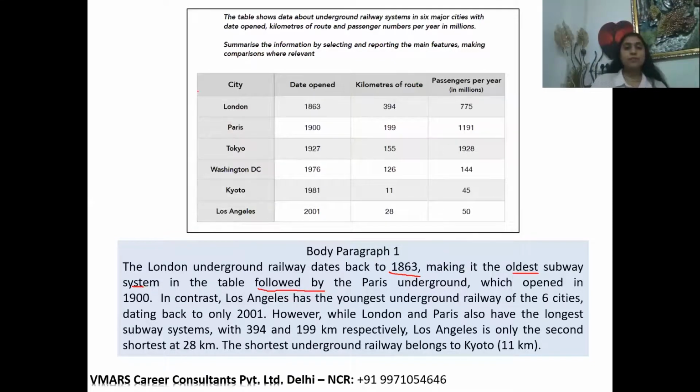Anusha is not there. Okay, Pooja? Yes, ma'am. Why do we use followed by? Ma'am, to show the second comparison. Very good, thank you.